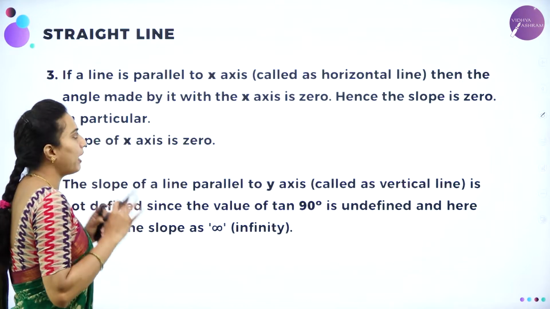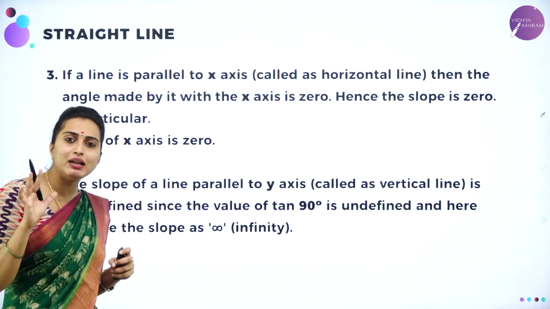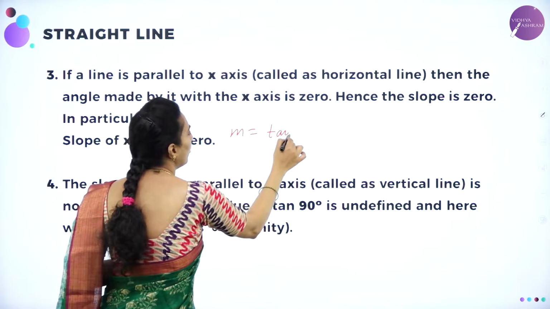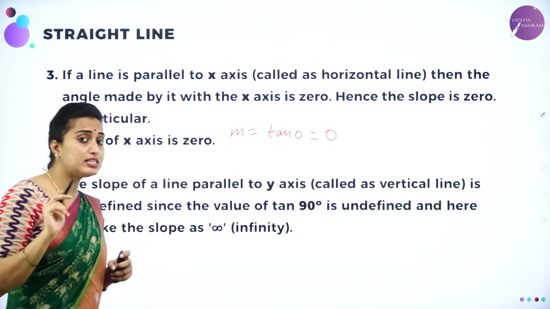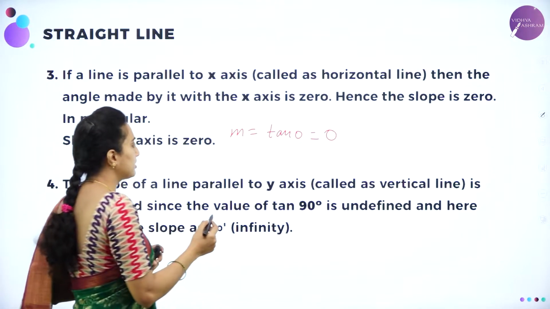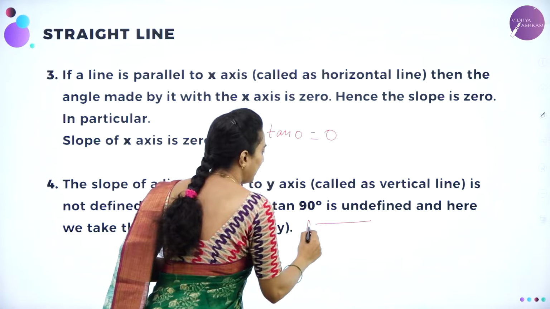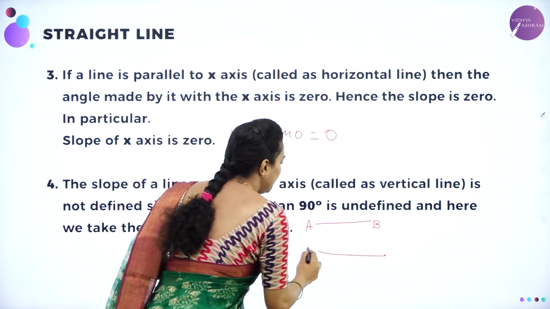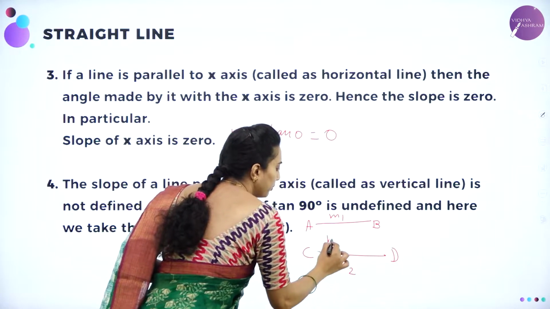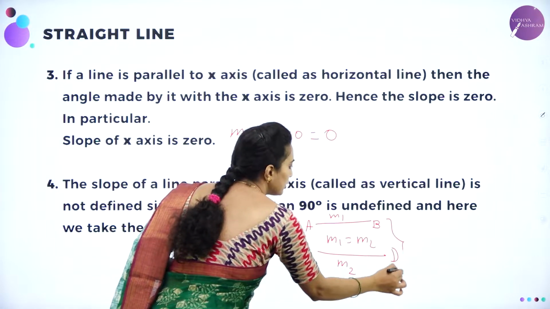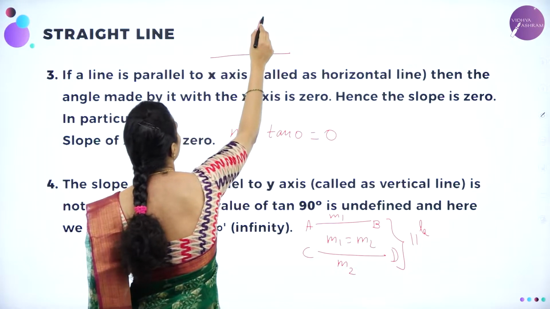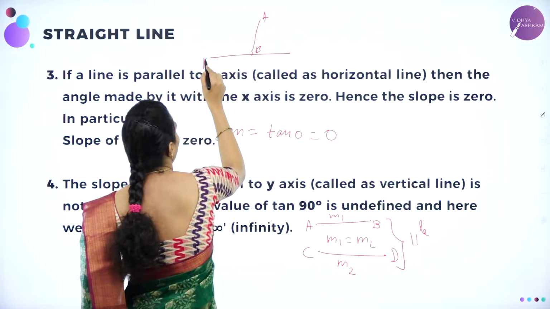Now, if a line is parallel to the x-axis, then the angle made by the line is 0. That is, m is equal to tan 0, which is 0. And if the lines are parallel, m1 is equal to m2. That you have to remember. See here, this is line AB and this is line CD.